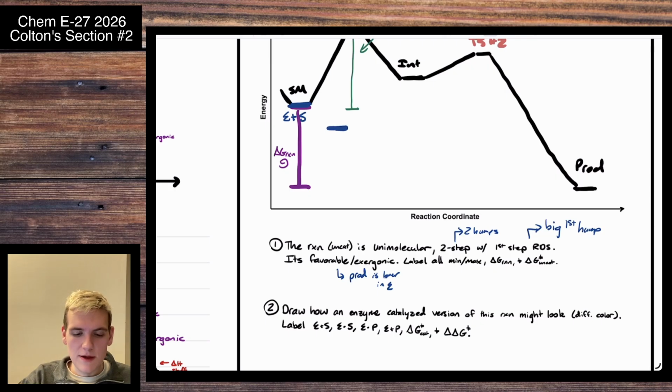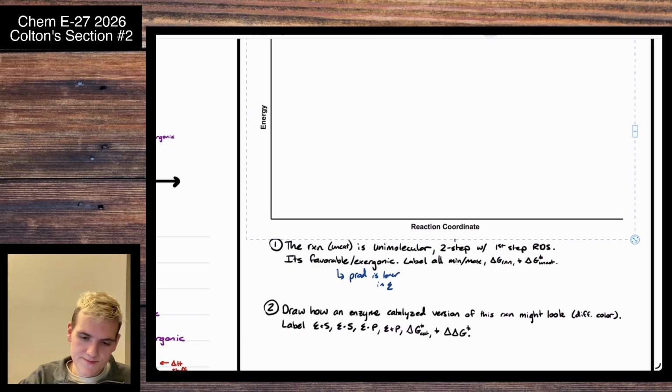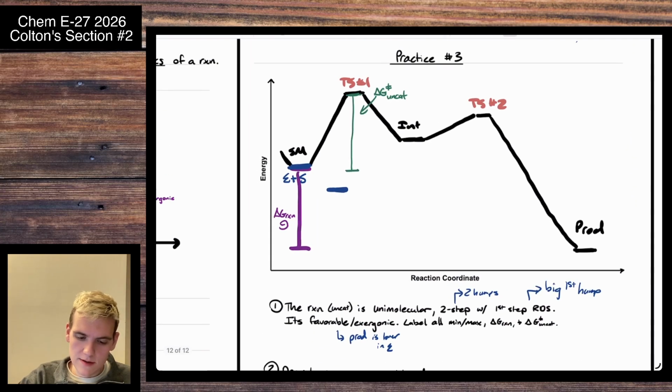But the thing that's a little bit weird is going from here to here is kind of like a whole step in and of itself. And it's going to take a little energy input. So we're going to go a little up in energy and then down in energy to get to our enzyme substrate complex. And we haven't done the first step of the reaction yet, but we went from enzyme plus substrate to our enzyme substrate complex, which is lower in energy. And we had to go over a little energy speed bump to get there.